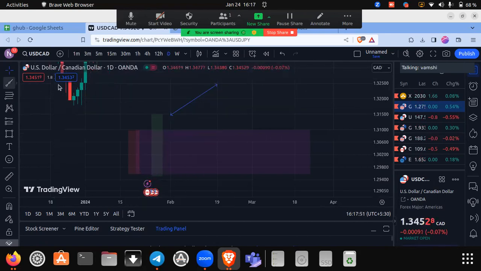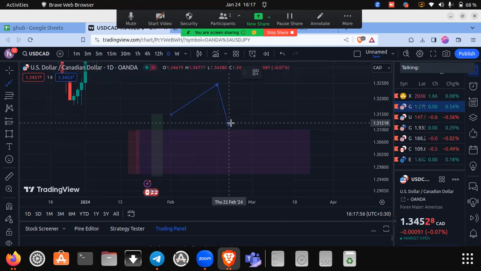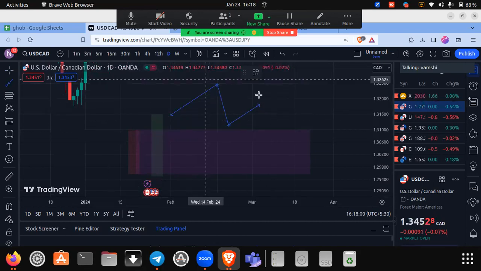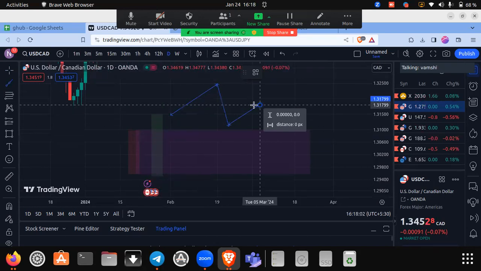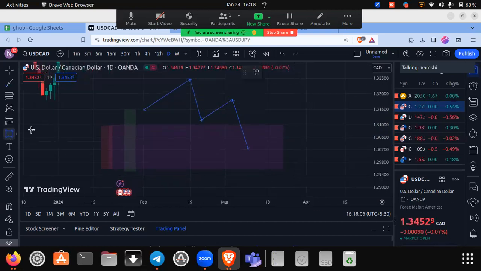Let's imagine all these are candles. And when the market retests this zone, the red candle will close below the engulfing buy zone.